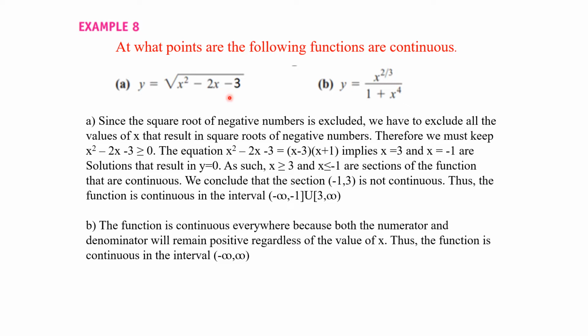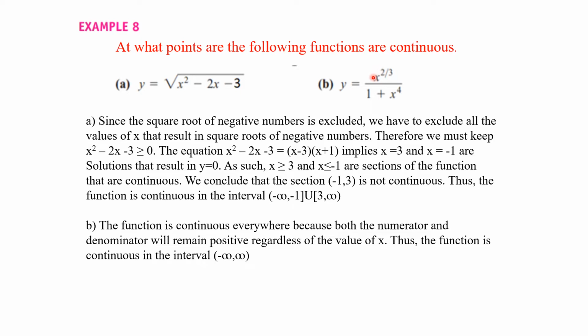For part B, the function is continuous everywhere because both the numerator and the denominator will remain positive regardless of the values of x. Why? Because x in the denominator is raised to an even power and x in the numerator is raised to an even power also.